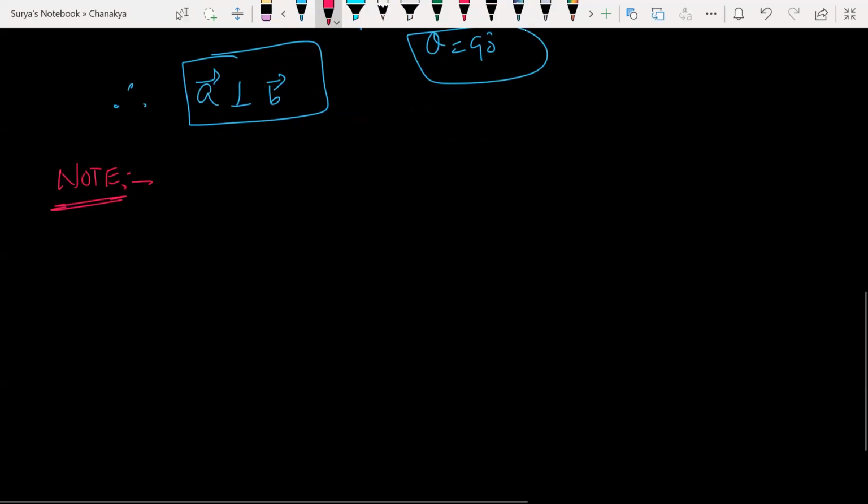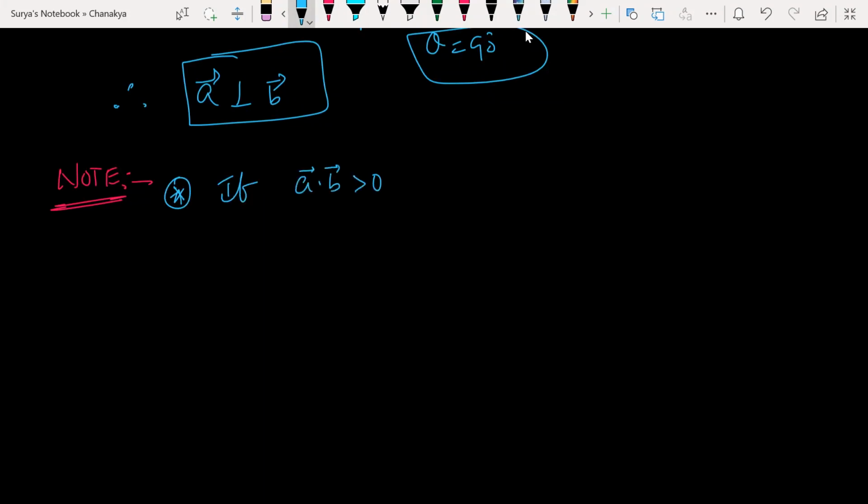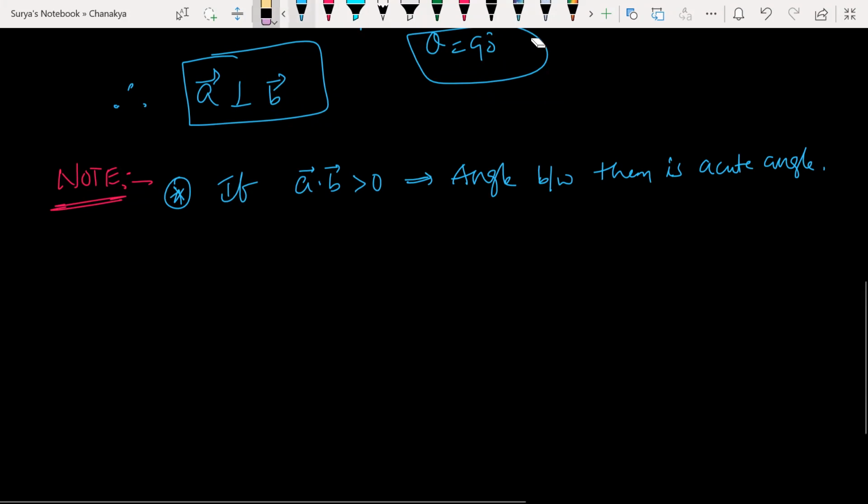Look at this here. So first, if vector a dot vector b is greater than 0, then the angle between them is acute angle. We know that if theta is less than 90, it is acute, right?